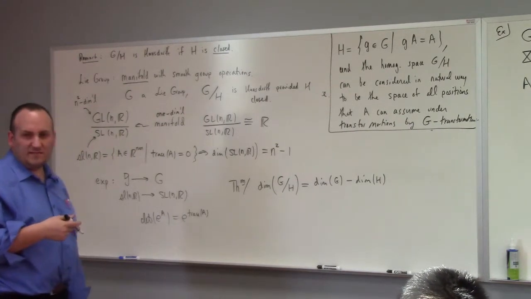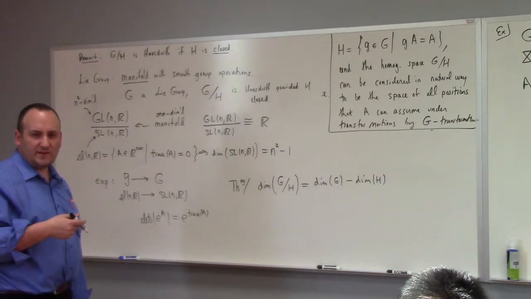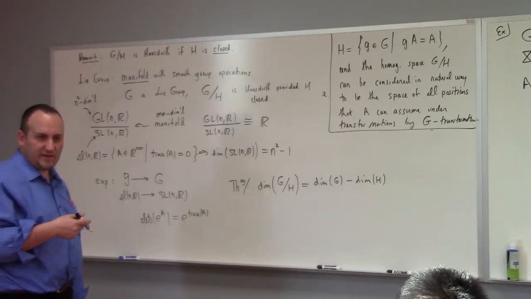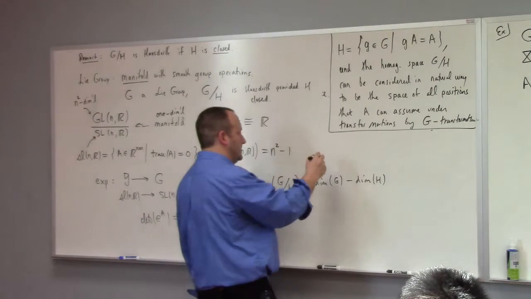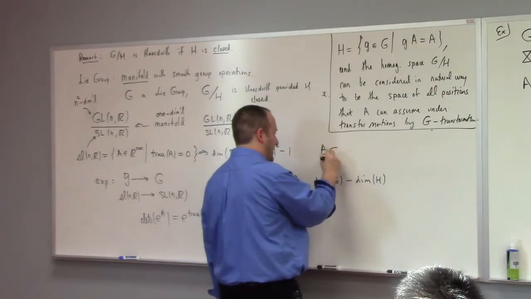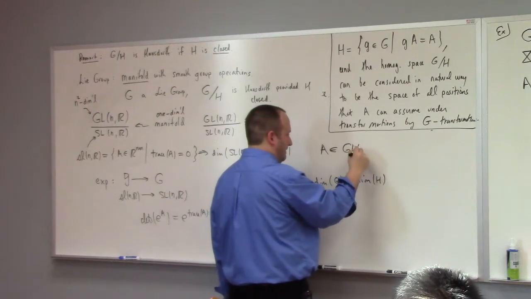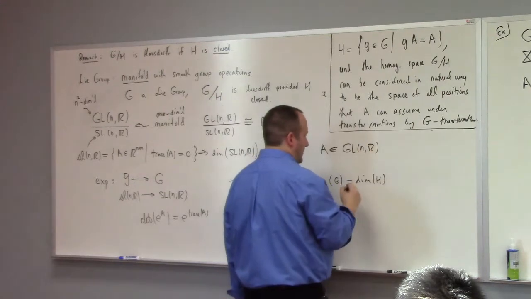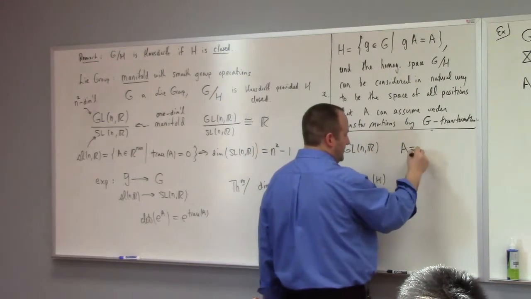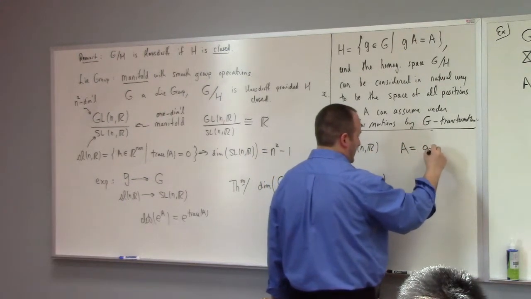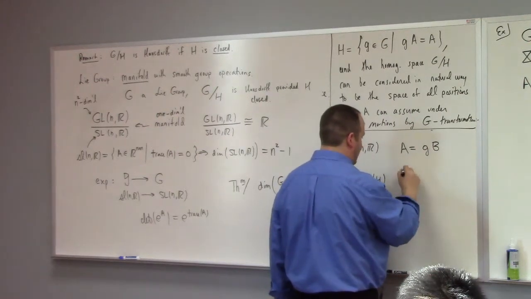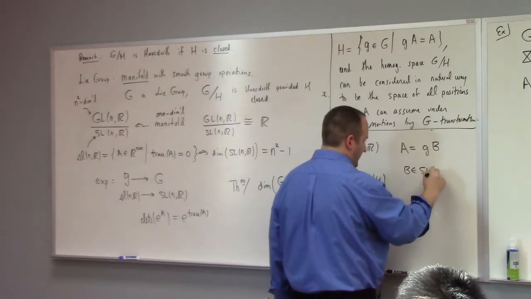Can you write any invertible matrix in terms of a special linear matrix? If A is in GLNR, can you rewrite A as equal to something times B, where B is in SLNR? Is that how it works?